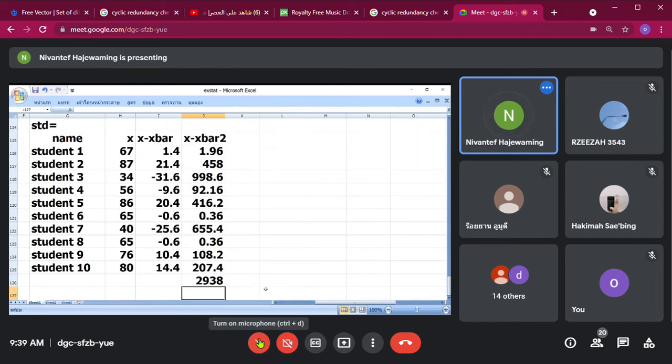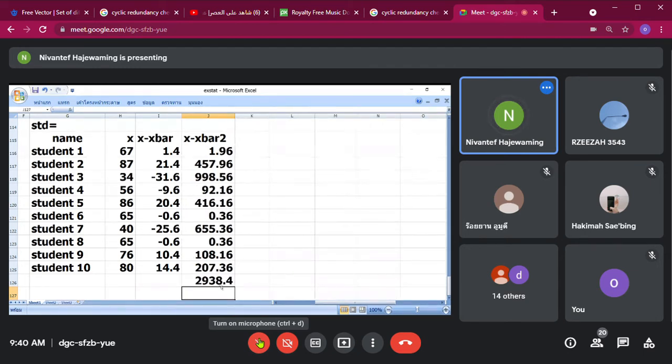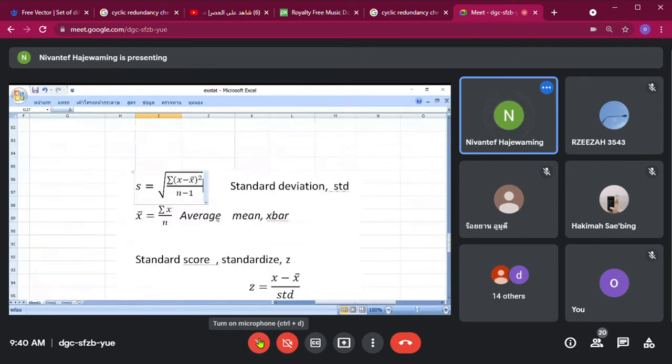Yes. You sum it. 1.9 plus 200 plus 900 plus. You will get 2090. Okay. This value is the sum, right? And this one, you must divide this sum by n minus 1 and square root it, right?